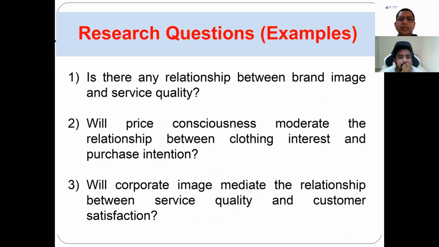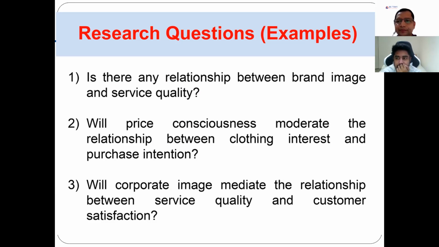So is there any relationship between brand image and service quality? That is one of your research questions. Will price consciousness moderate the relationship between clothing interest and purchase intention? Will corporate image mediate the relationship between service quality and customer satisfaction? So this is how we write research questions.